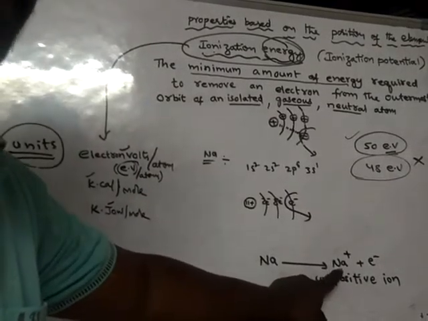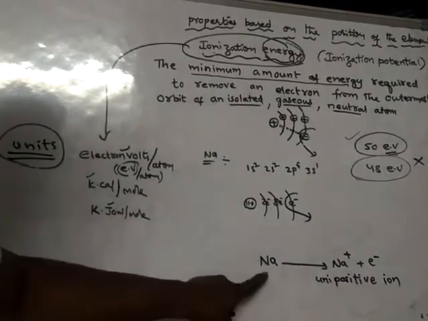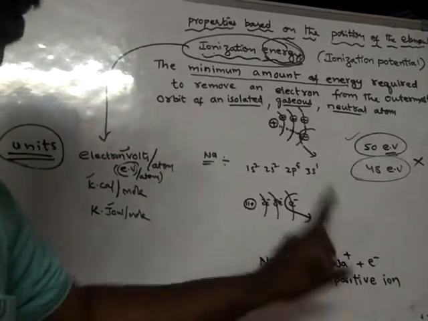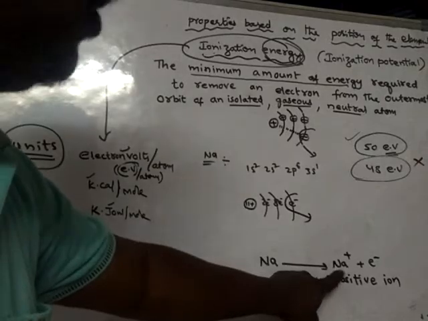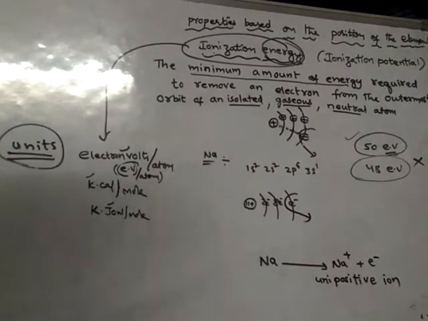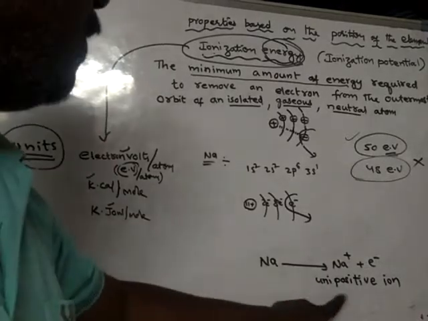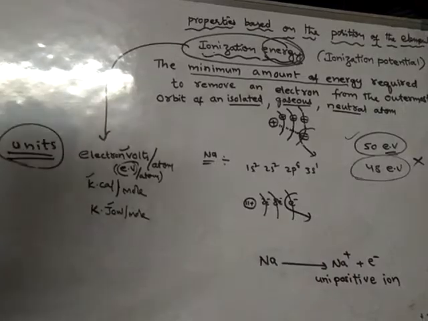Now it is not an atom, it is an ion, because charged particles are called ions. Here it is electrically neutral, but here 1 positive charge is in excess: 11 positive charges and 10 negative charges. Hence it is said to be an ion, a charged particle. So it is called unipositive, that means only 1 unit of positive charge is present.